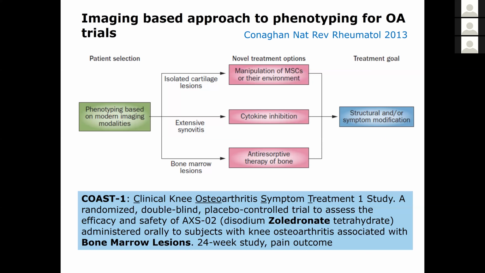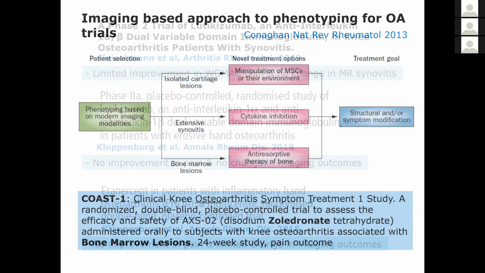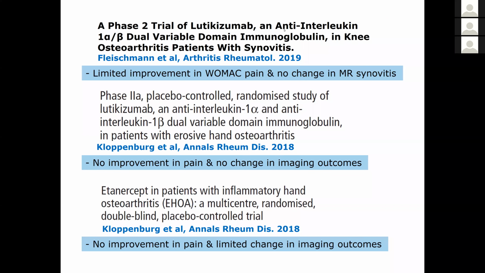So these studies include a trial of an interleukin-1 inhibitor. This was a phase 2 trial of an inhibitor that blocks both IL-1 alpha and beta. And this was in knee OA, where they included people that had synovitis based on MRI. But they found limited improvement in pain and no change in MRI synovitis in this particular trial with the IL-1 intervention.